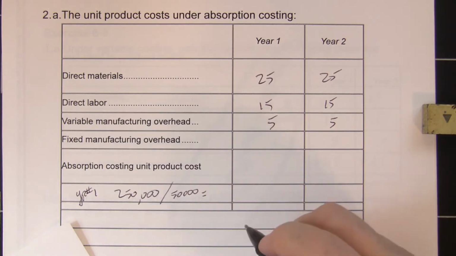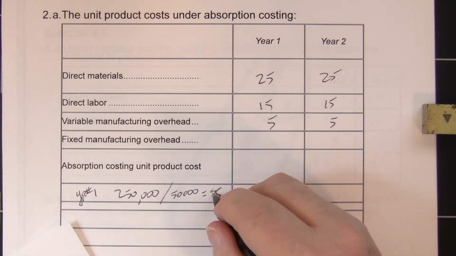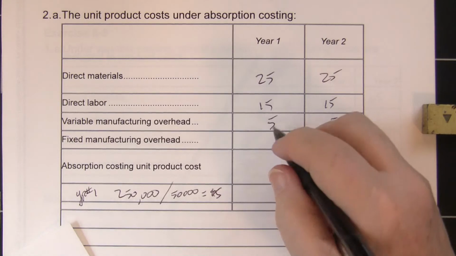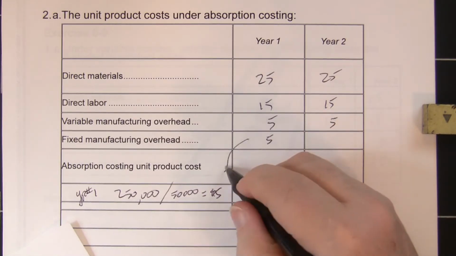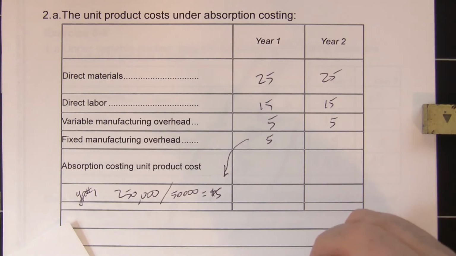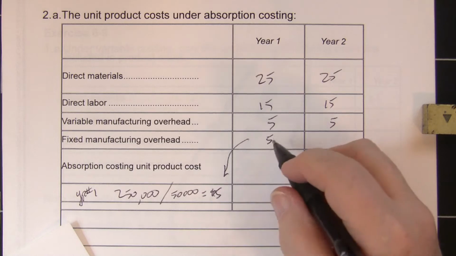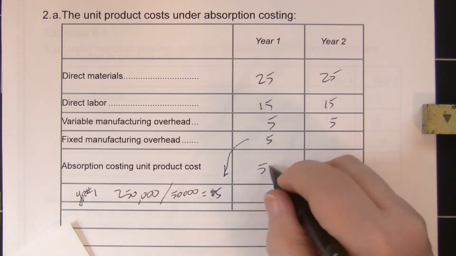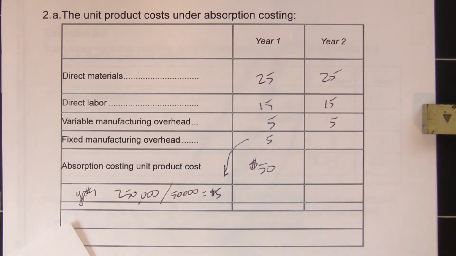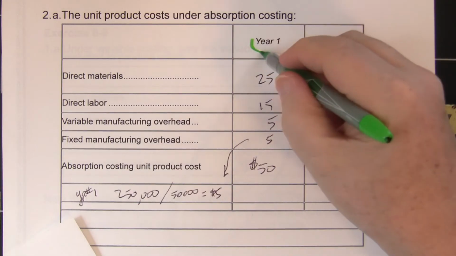Therefore, each unit had about $5 in overhead. So we have to add the $5 to the absorption costing unit cost per product. Instead of being 45, it is 50 in year 1. Okay, so that's year 1.